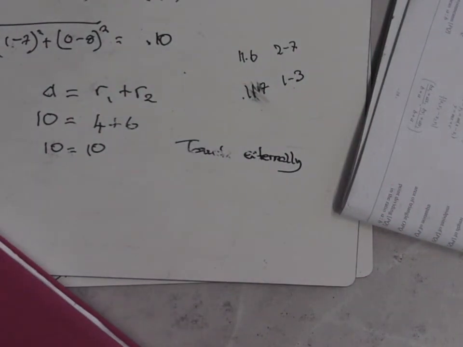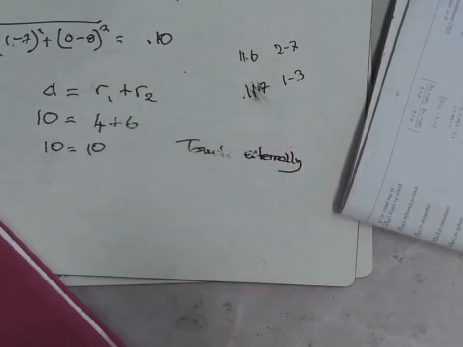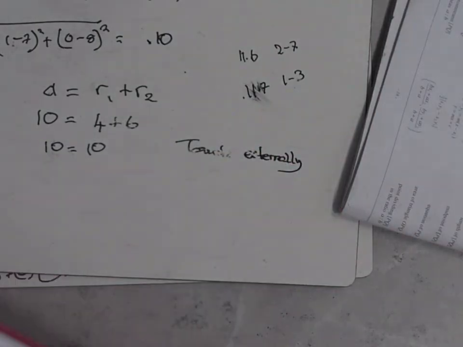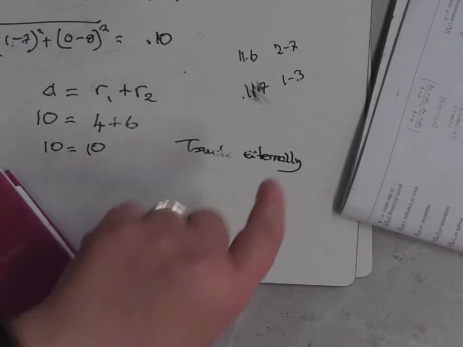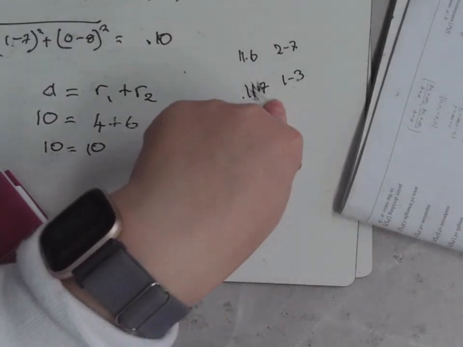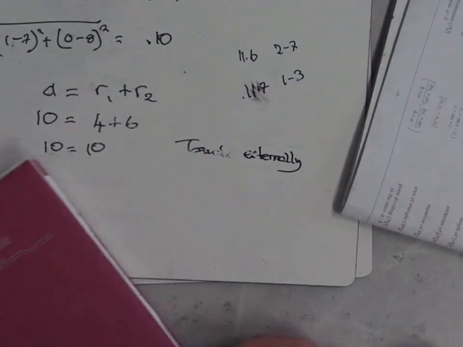Yeah. Sorry girls. Here I am pointing at it. Right? 11.6, 2 to 7, 11.7, 1 to 3. Okay? We haven't done the example on 11.7. Have a go. You'll be amazed what you know.